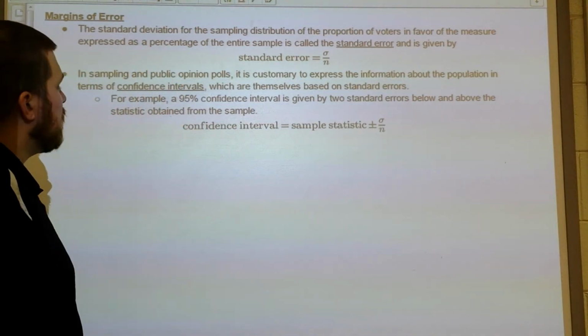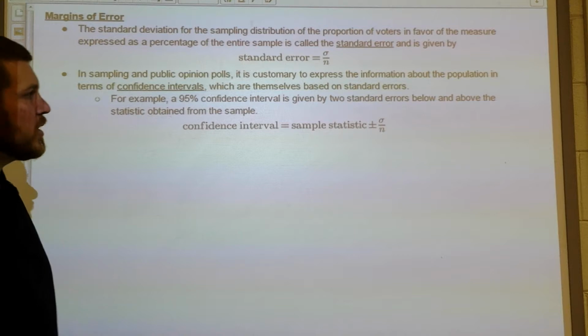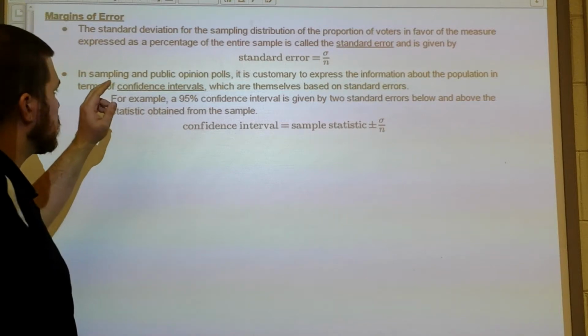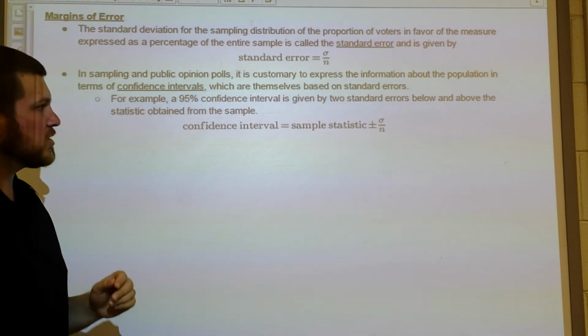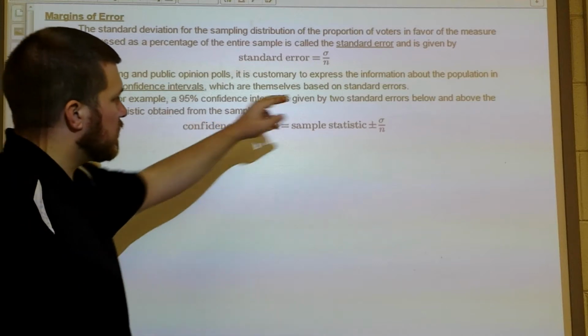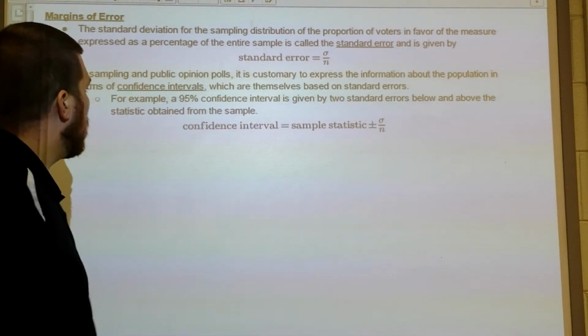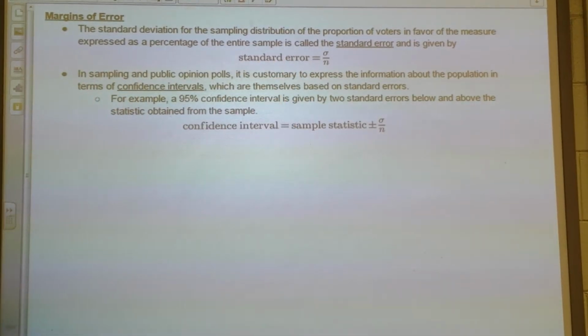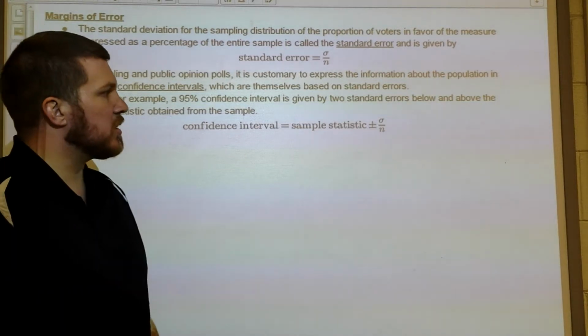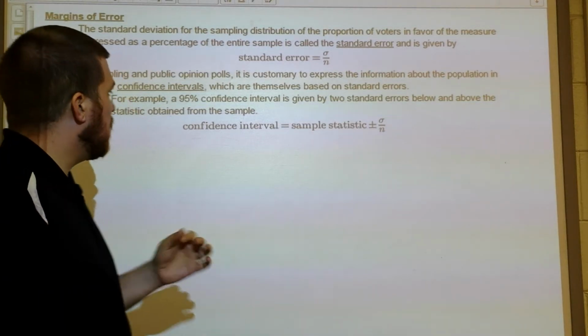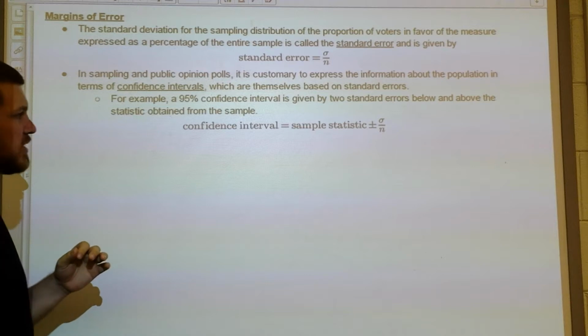In sampling and public opinion polls, it's customary to express this information about the population in terms of confidence intervals, which themselves are based on standard error. So again, the standard error was given here. For example, a 95% confidence interval is given by two standard errors below and above the statistic obtained from the sample.